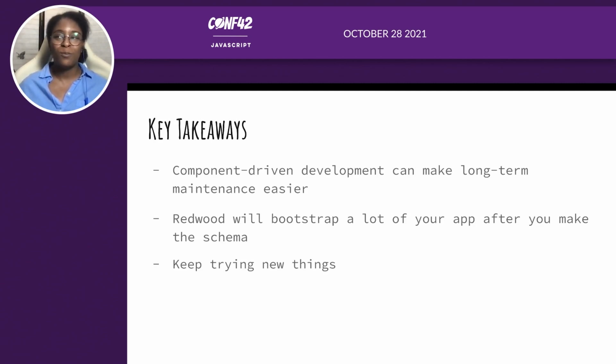Don't spend a week trying to make, well, if you could make your own framework in a week, that would be pretty crazy. But just don't waste your time trying to make a framework when there's a bunch of frameworks out here that you can try, and maybe later, after you've tested everything out, then you can make your own thing because you see the gaps. But I digress. Keep trying new stuff.